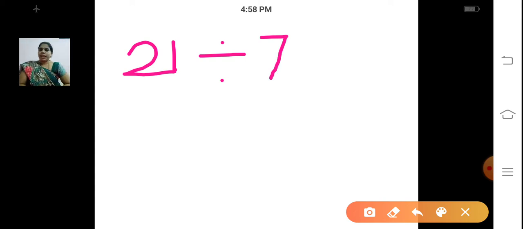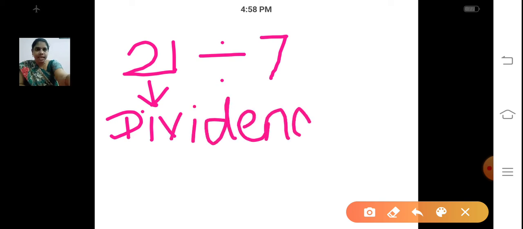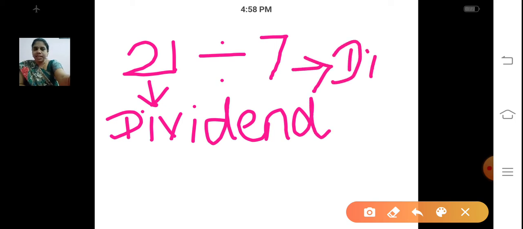So 21 divided by 7. Here 21 is the dividend, and 7 is the divisor.